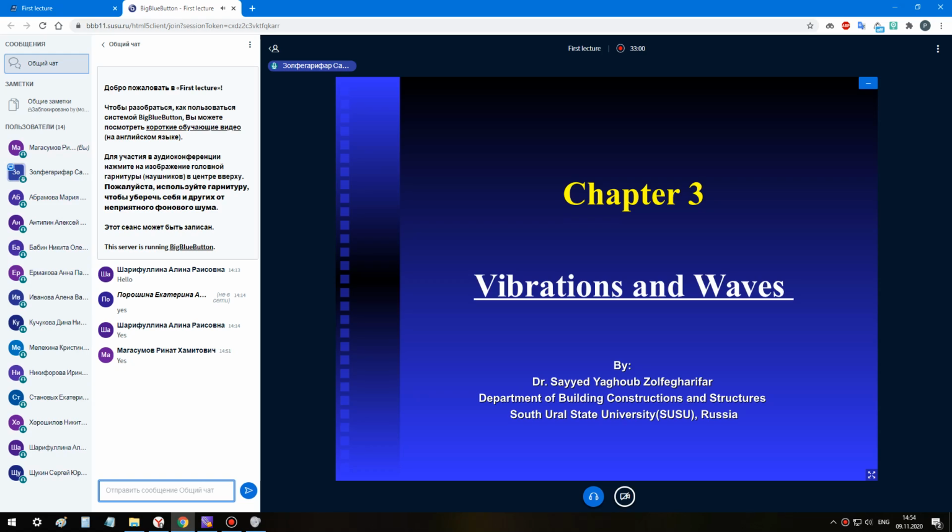A wave extends from one place to another place. The source of all waves is something that is vibrating. Waves are propagations of vibrations throughout space.